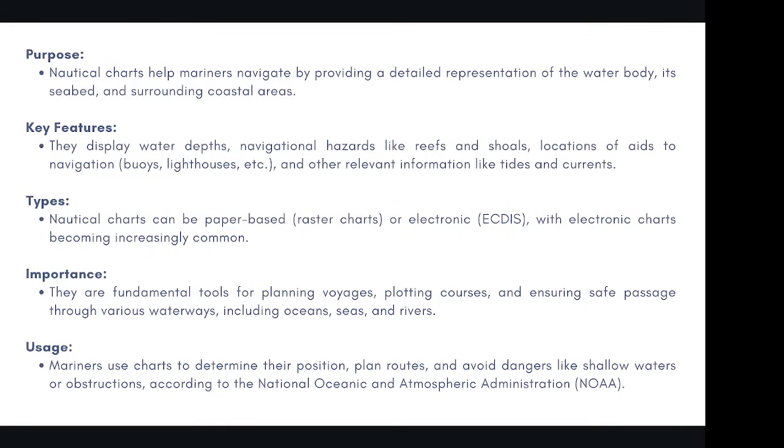So these charts are used to determine their position, plan routes, and avoid dangers like the shallow waters or obstructions, according to the National Oceanic and Atmospheric Administration.